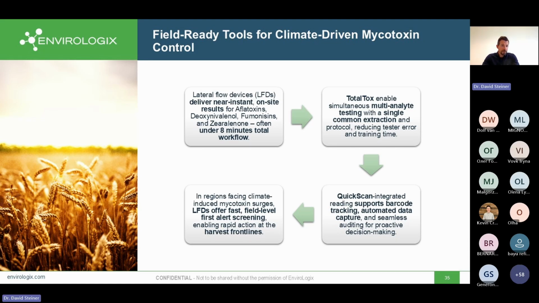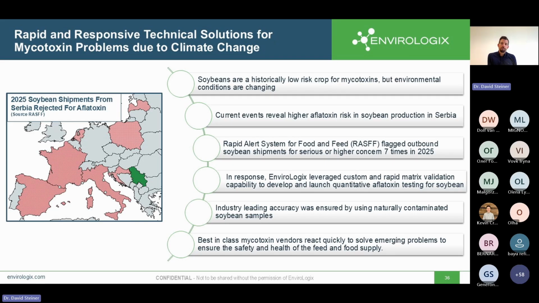So in regions facing environment or climate-driven mycotoxin peaks, these tools provide immediate field-level interventions, for example, at the point of harvest, and by delivering a rapid first alert, they allow farmers and quality managers to mitigate contamination risks before they escalate. While these lateral flow platforms already provide rapid on-site screening, recent events highlight why such agility is increasingly critical.